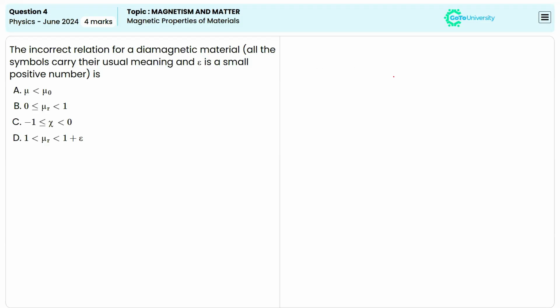So we can write in terms of susceptibility, which is represented by the symbol chi, minus 1 less than or equal to chi less than 0. It's not less than or equal, it's just less than 0.